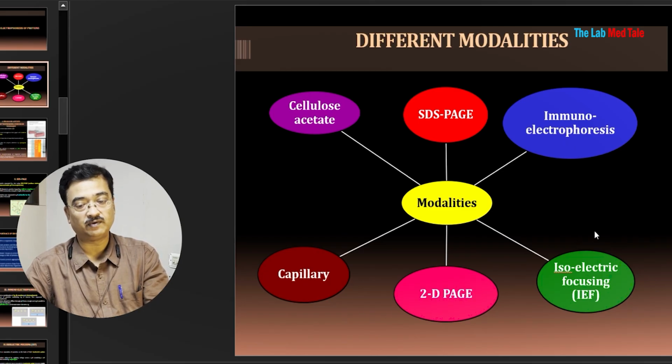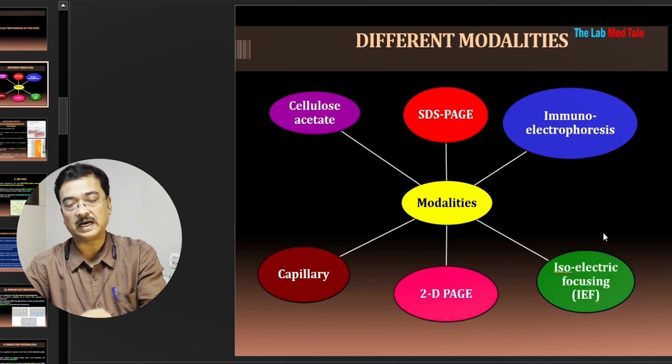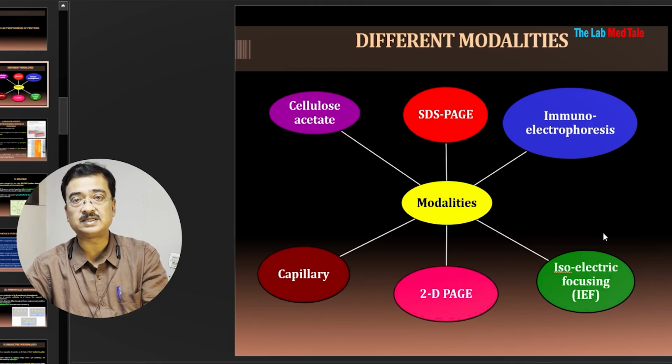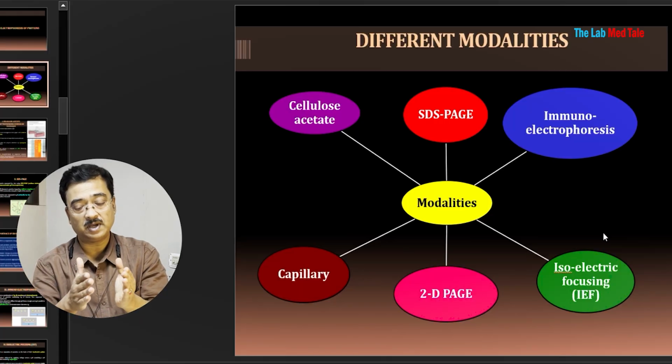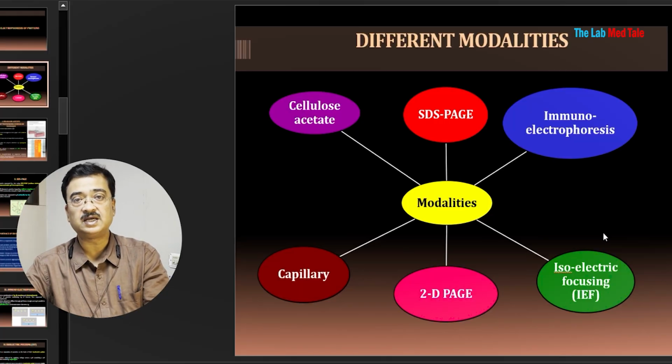Then isoelectric focusing: as I was telling you in the last episode, at certain conditions, a certain pH, the amino acids become chargeless because they have equal positive and negative charge, and at that time they become motionless in an electrophoretic field. This particular point is called the isoelectric point or isoelectric pH, and by focusing on it, we can separate the molecules as per their isoelectric point.